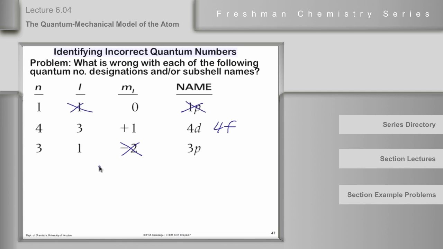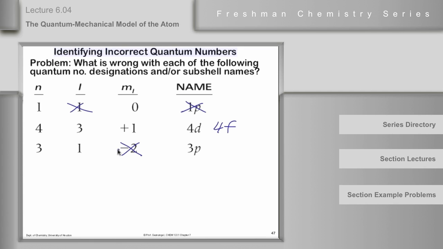Questions on them? If M sub L were an allowed value in that range, then 3p would be okay. Well, you can cross out the 3p if you want to, but what's really at fault here is that M sub L can't have this value.